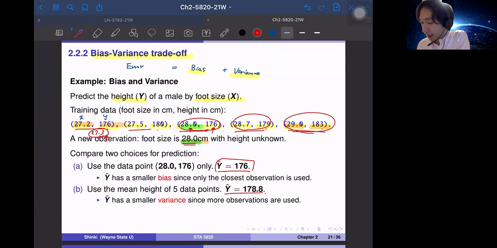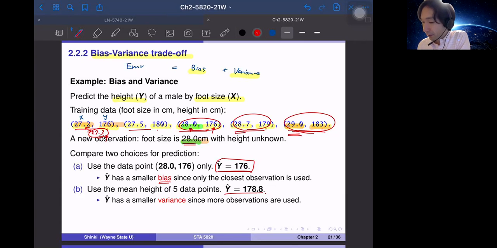So if we just match this number, then we have smaller bias. If we have people with very large foot size, then we expect larger bias. So if we just match the closest observation, probably the bias is smaller.